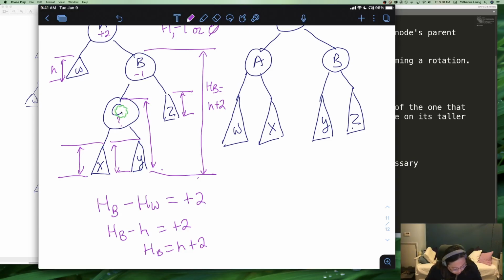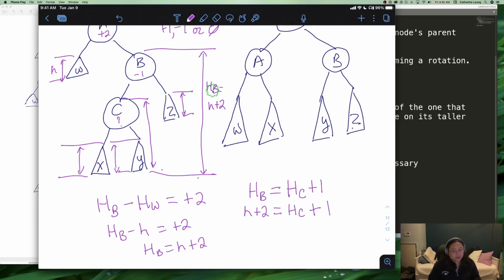So what we know is that the height of B is equal to the height of C plus one more node for B. However tall C is, add one node for B, that is the height of B. Now, we know that the height of B is h plus 2, right? So, therefore, what is the height of C going to be?